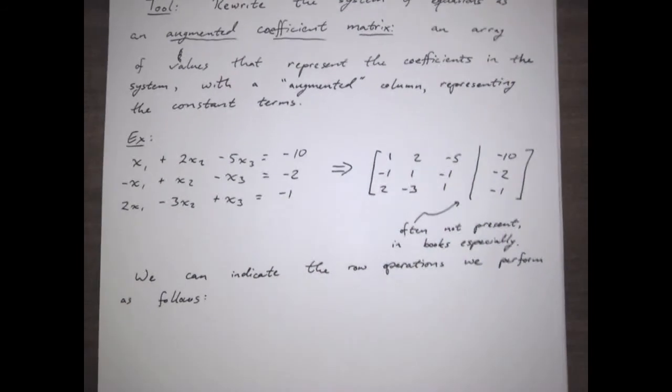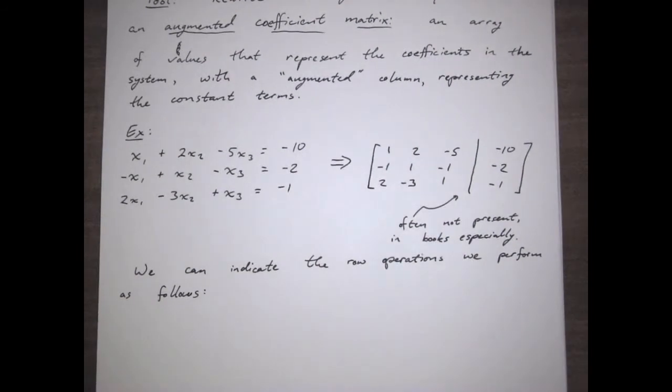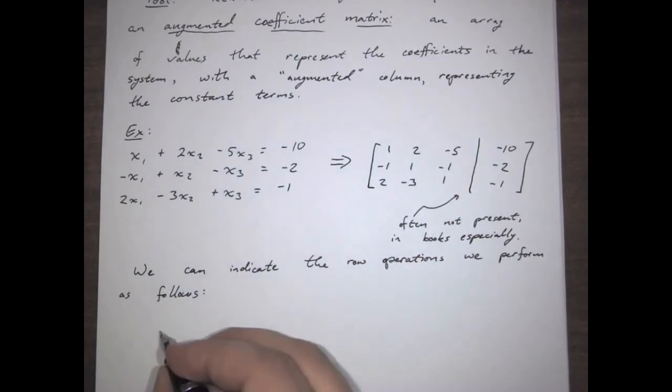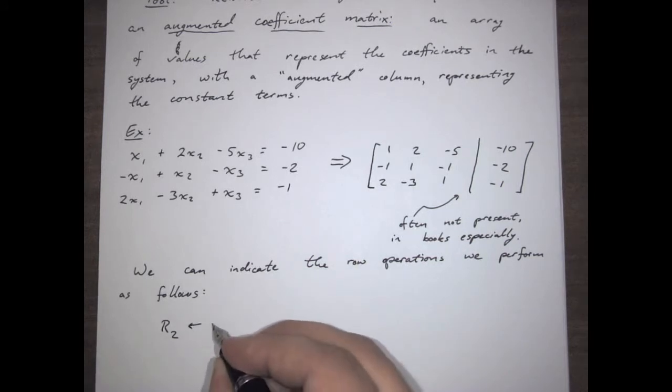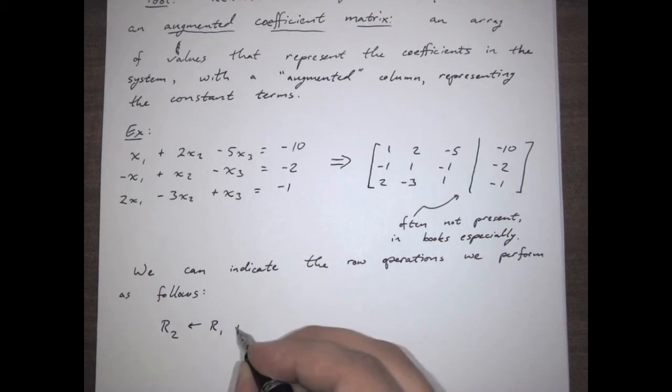So let's say what we wanted to do was replace row 2 by the sum of row 1 and row 2. We could say row 2 in place of old row 2, we could do row 1 plus row 2.